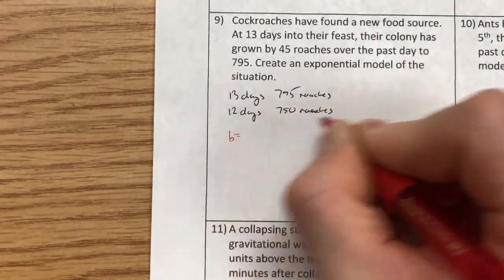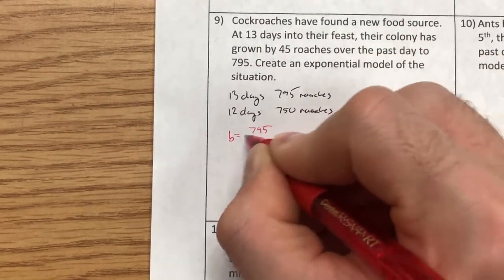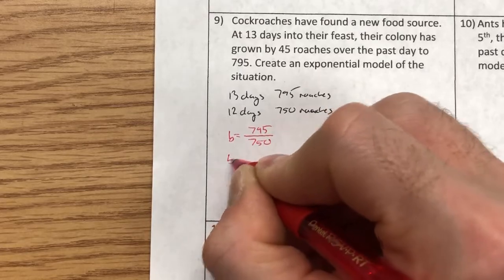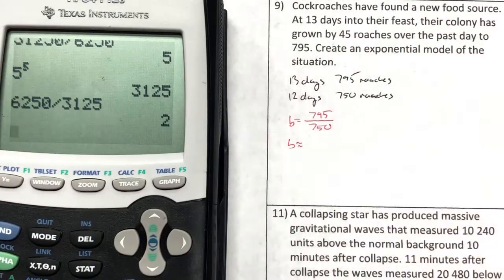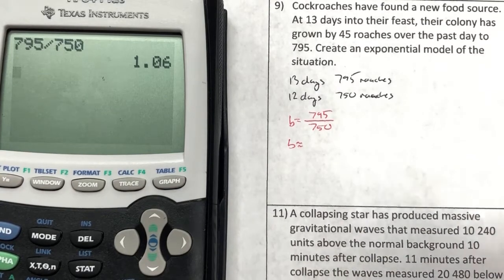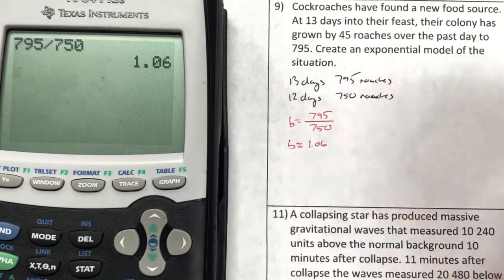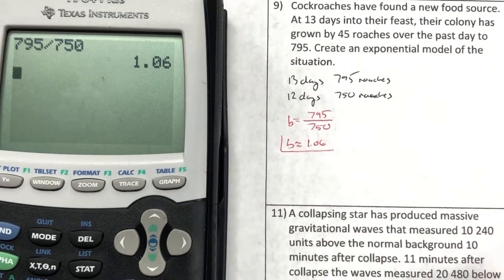Say B is equal to my new value, which is 795 over 750. Let's take a look at this. So 795 divided by 750 is equal to 1.06. Perfect. Don't need to store that because it's exact.